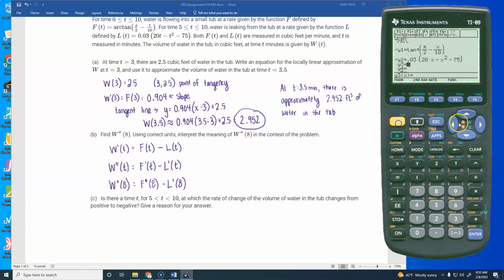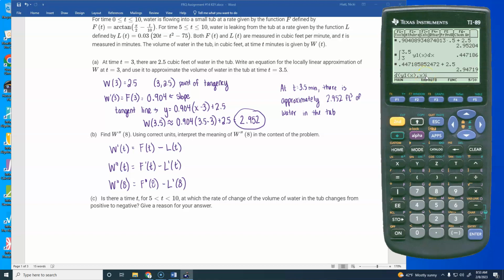So we just want the derivative of f, which is our y1, at 8 minus the derivative of L, which is our y2, at 8. So we're going to differentiate y1 of x, comma x. Now, if I just type this in, it might give me the derivative.